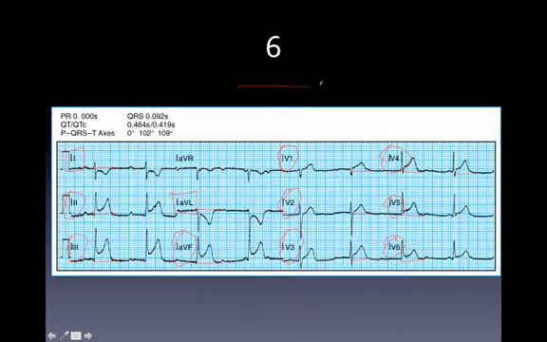Both sides of my teeter-totter are elevated. However, I can confirm an MI.